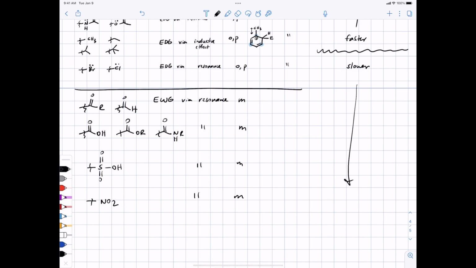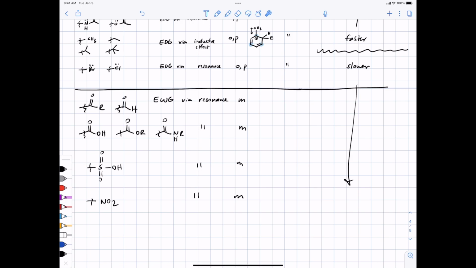Incidentally, they are all slower than benzene. And if we wanted to split hairs about it, we could say that the nitro group is a better withdrawing group than the ketone, though why that's the case, I think, is empirical, so we won't worry about this relative ordering of the withdrawing groups.